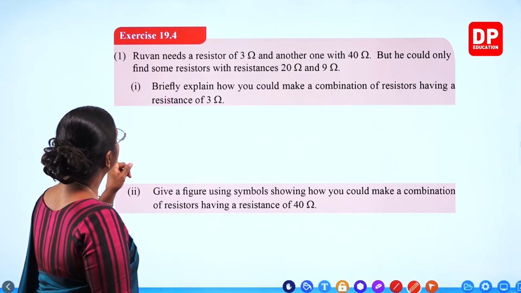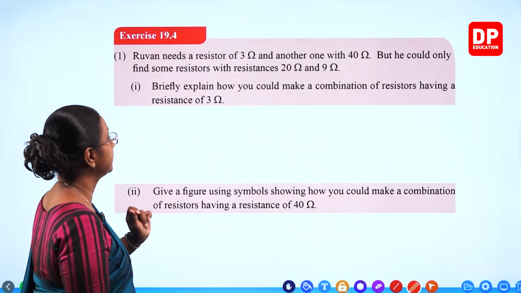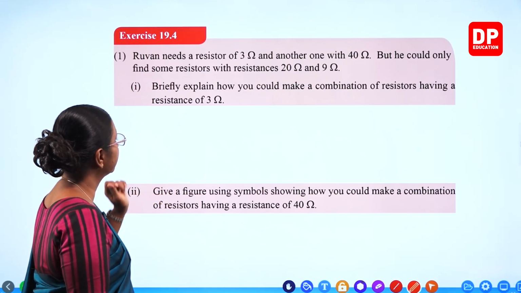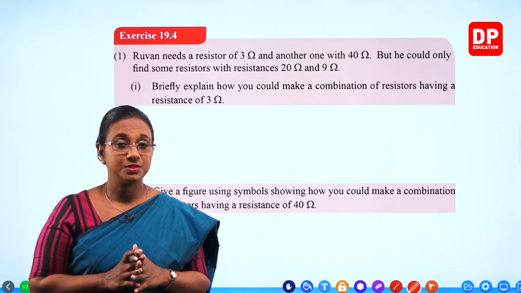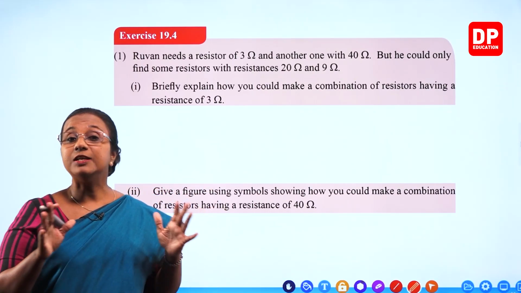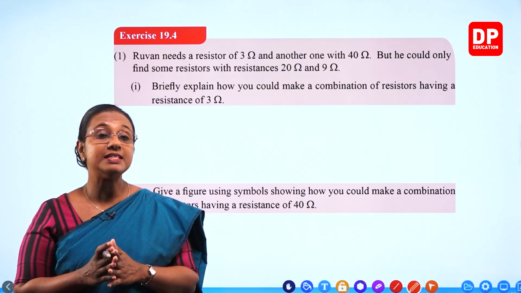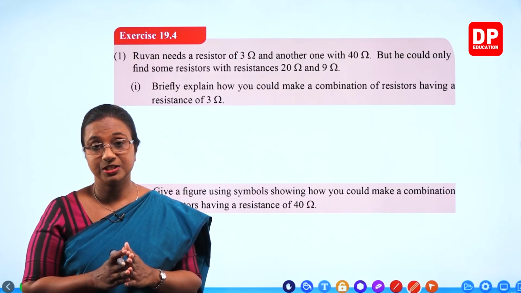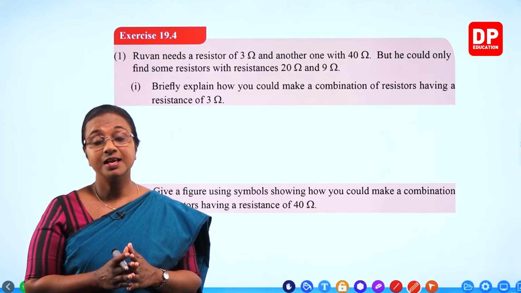Then, briefly explain how you could make a combination of resistors having a resistance of 3 ohm. Now you can remember, students, when we looked at the two combinations of resistors, when we combine the resistors in a series combination, how do you find the equivalent resistance?